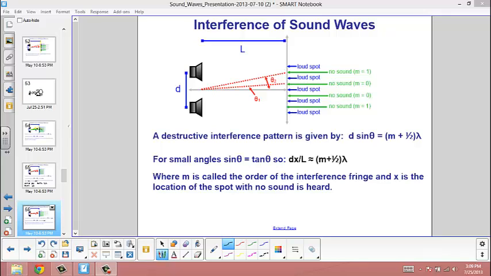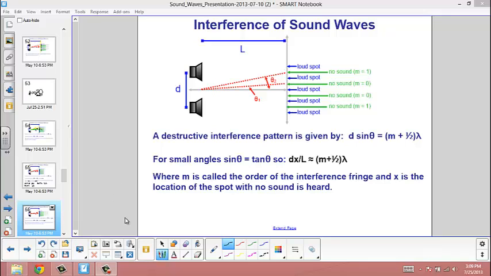So again, a destructive interference pattern is given by d sine theta equals (m plus 1/2) lambda, where m is the order of the interference fringe, and x is the location or the spot where no sound is heard. So we're going to apply this formula, m plus 1/2, and it's going to tell us how many wavelengths we'll be off by when we're standing at these locations.